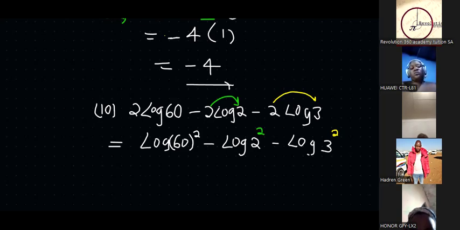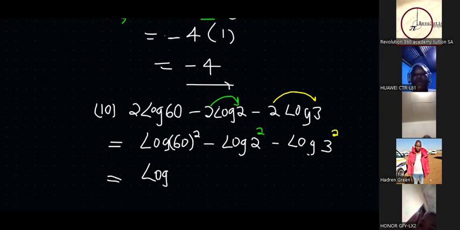Okay. And then the next step, what you can do is just to simplify that. You can just say log. What is 60 squared? 3,600. Is it 3,600? Sorry, sir.